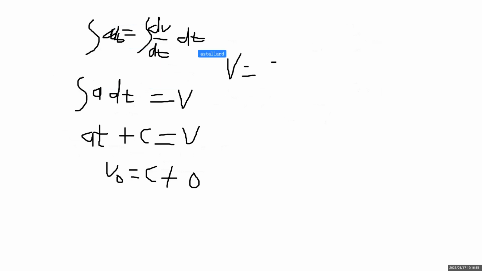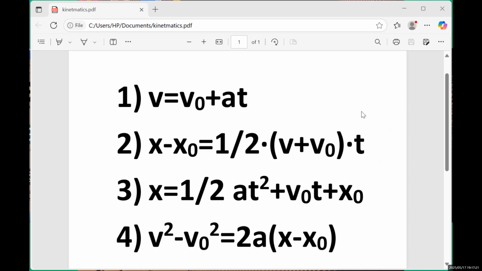So we have v is at plus v naught. And if we look here, that is equation 1.